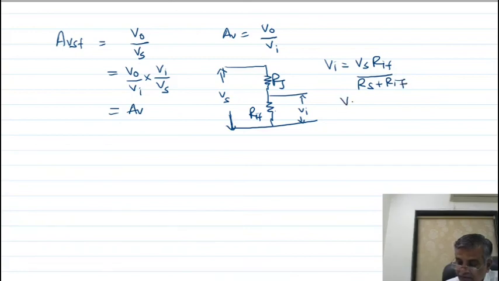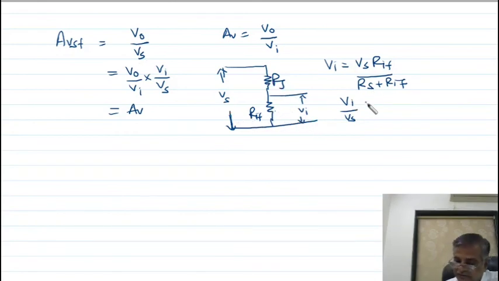So Vo by Vs is what you have written, Vo by Vi into Vi by Vs. So what is Vi? Vs into Rif upon total resistance. You know this is a voltage divider equation. This voltage is nothing but the applied voltage into this resistance upon total resistance.